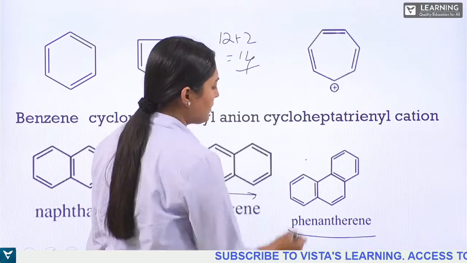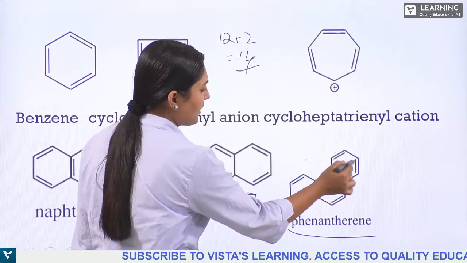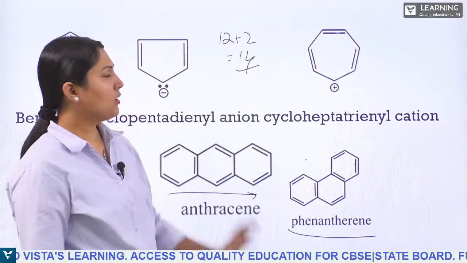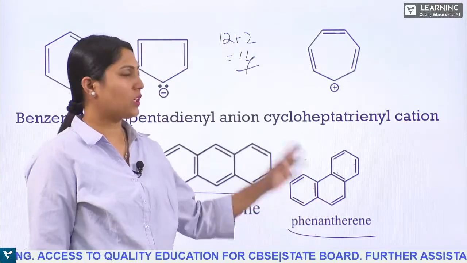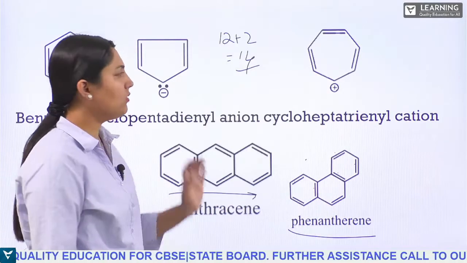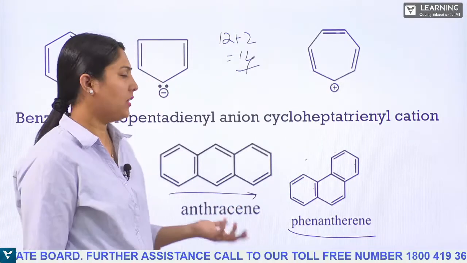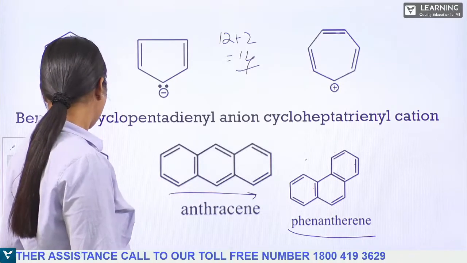Even here, 1, 2, 3, 4, 5, 6, 7. So 3 rings with 7 double bonds, 7 twos are 14 pi electrons. So these all come under aromatic compounds.